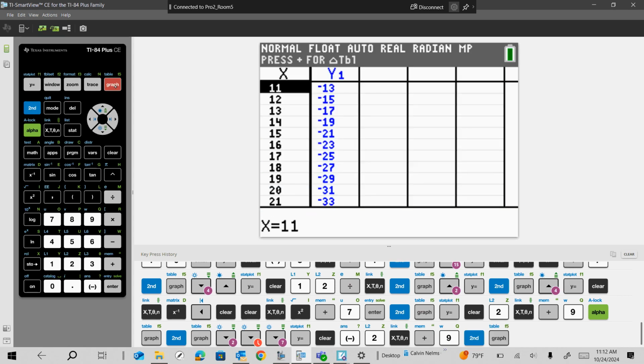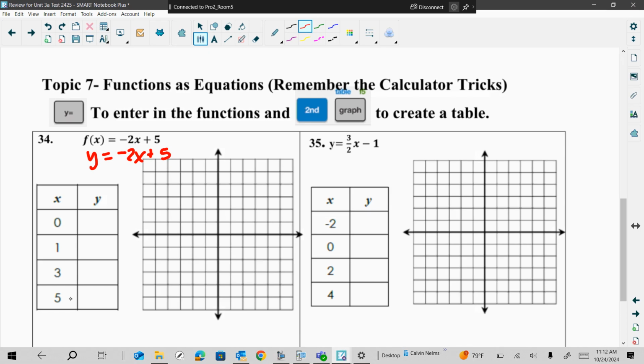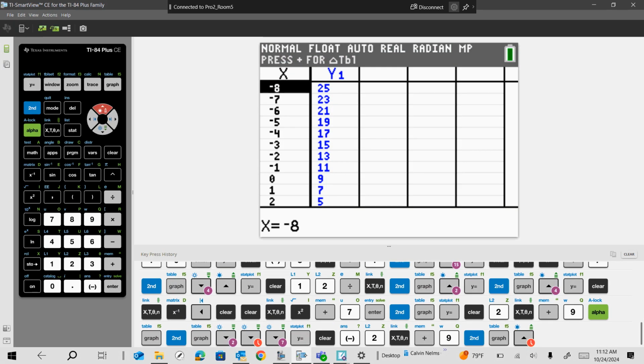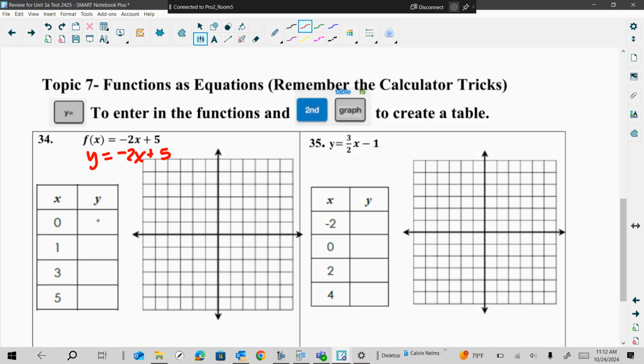I told you I wanted the values when x is 0, 1, 3, and 5, okay? So at 0, we got 9, 7, 3, and negative 1. You gotta put only the ones I'm telling you in the table. So 9, 7, 3. Wait, what? No. Yeah, negative 1 was 4. Oh, hold on.